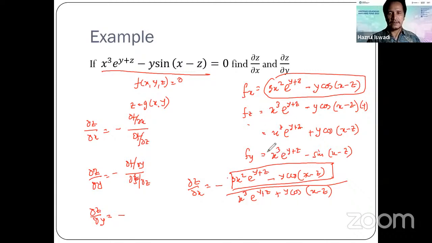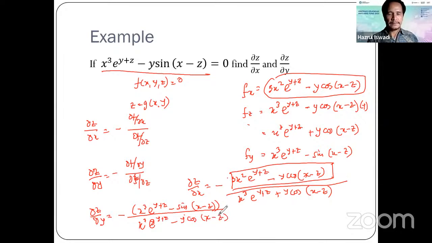Minus ∂f/∂y. ∂f/∂y is x cubed e to the power of y plus z and minus sine of x minus z, divided by x cubed e to the power of y plus z plus y cosine of x minus z.